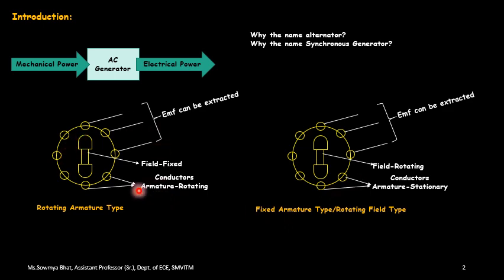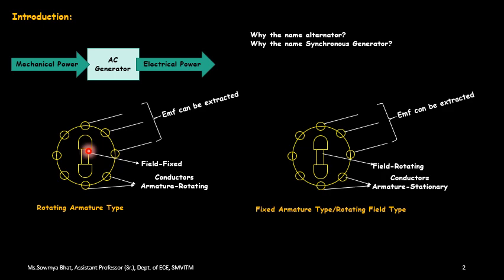In this diagram, in both cases I have conductors. The small round circles represent the conductors, and this is the magnet. It could be a permanent or temporary magnet, but here we are using electromagnets, which have a north pole as well as a south pole. This is responsible for the generation of the electromagnetic field.